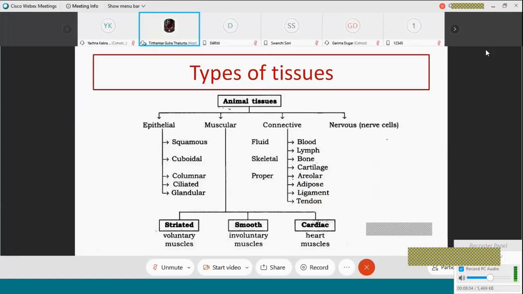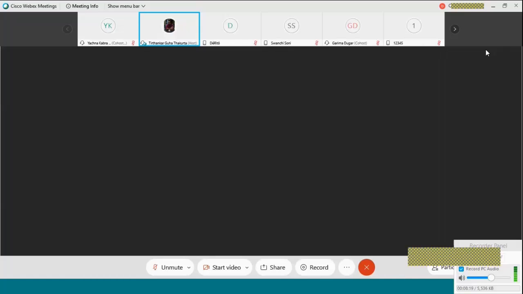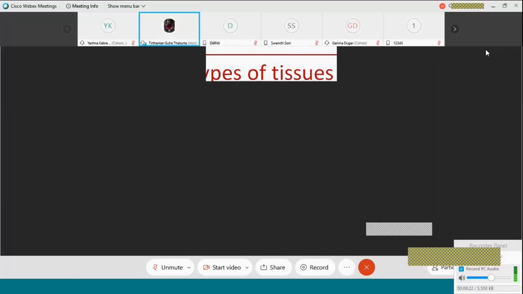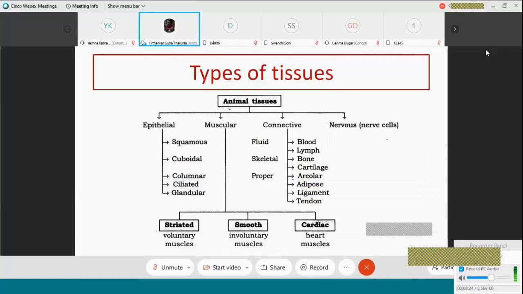Epithelial tissues, as you know, can be squamous, cuboidal, columnar, ciliated columnar, glandular. There is also one more type of epithelium called transitional epithelium that we find in the urinary tract. Muscle tissue can be striated muscle or skeletal muscle, smooth muscle, and cardiac muscle.